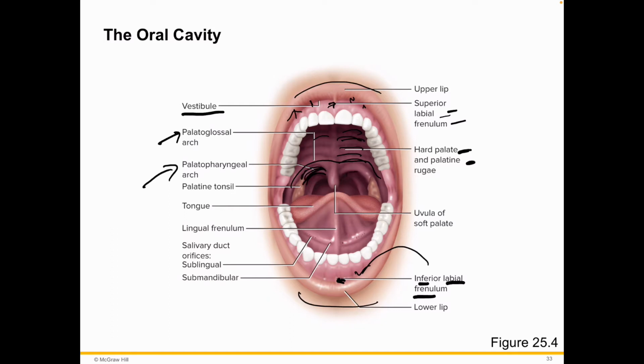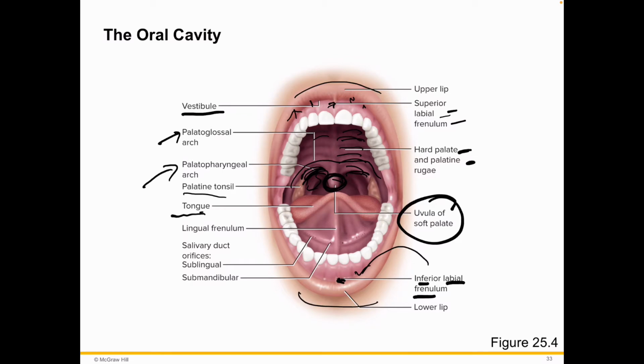So it's when we start saying, oh, we're out of the mouth, we're in the pharynx, and that also provides us the location of the palatine tonsils. If you got your tonsils removed because you were a kid in the 80s, that would be the tonsil that they generally took out, those right there. The uvula of the soft palate is the hangy ball down here at the bottom part of the mouth.